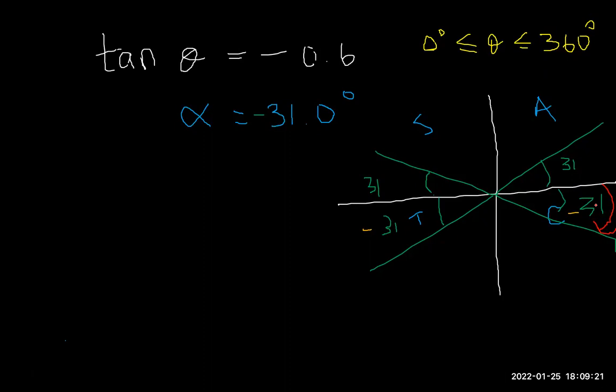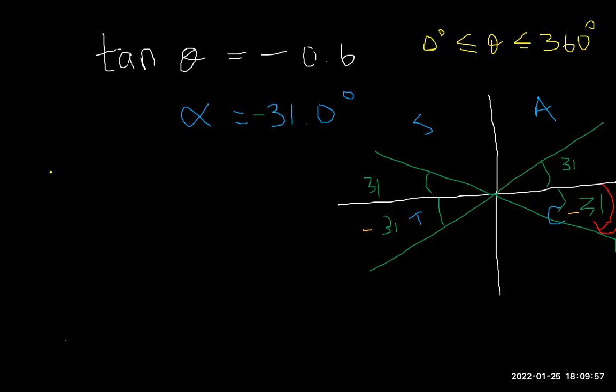It doesn't really have any significance. Like in a calculation, you wouldn't put like 180 minus 31. The minus sign just tells me that instead of measuring it anti-clockwise from my positive x-axis, I measured it clockwise.